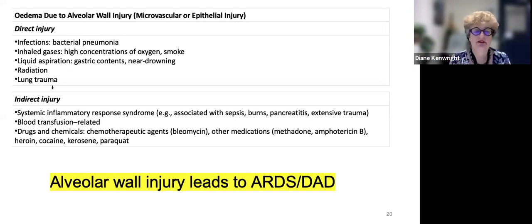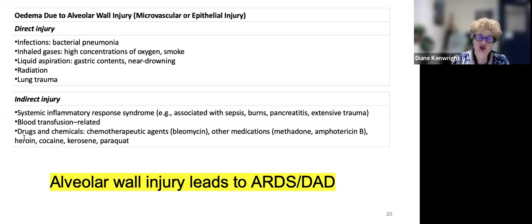So let's have a think here about this kind of injury: will this lead to an exudate or will it lead to a transudate? So we've got systemic inflammatory response, maybe if there's a bad blood transfusion reaction, etc. All these are inflammatory. So it leads to a proteinaceous exudate.